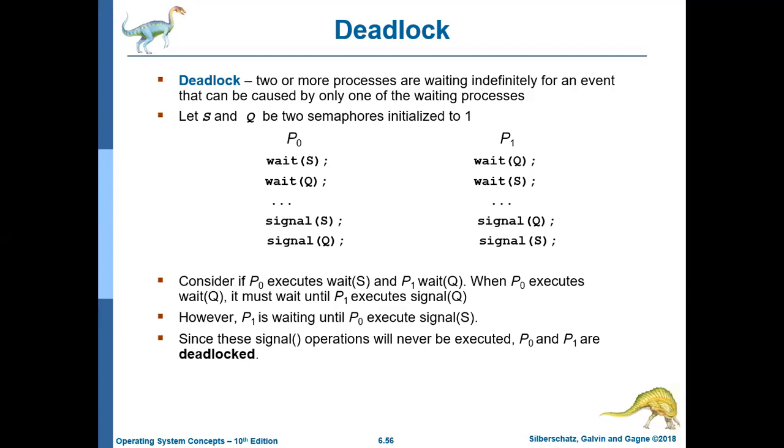Two or more processes are waiting indefinitely for an event that can be caused by only one of the waiting processes. Why are they waiting? Due to only one of the waiting processes, they are waiting.